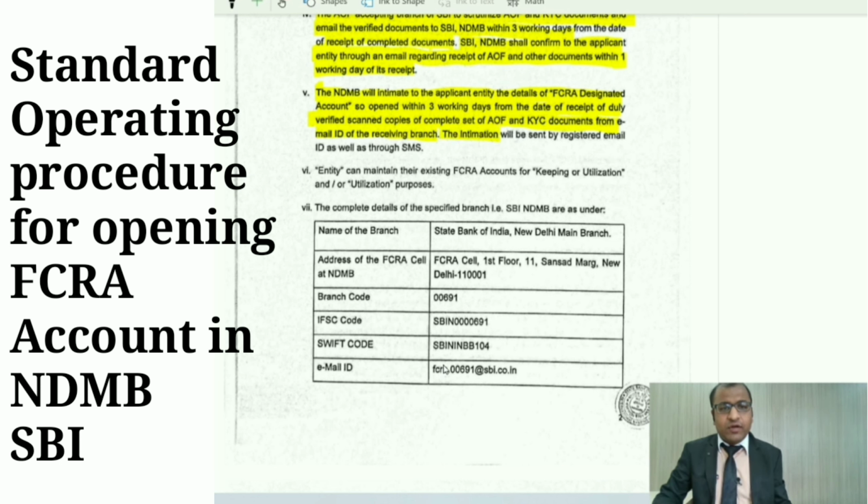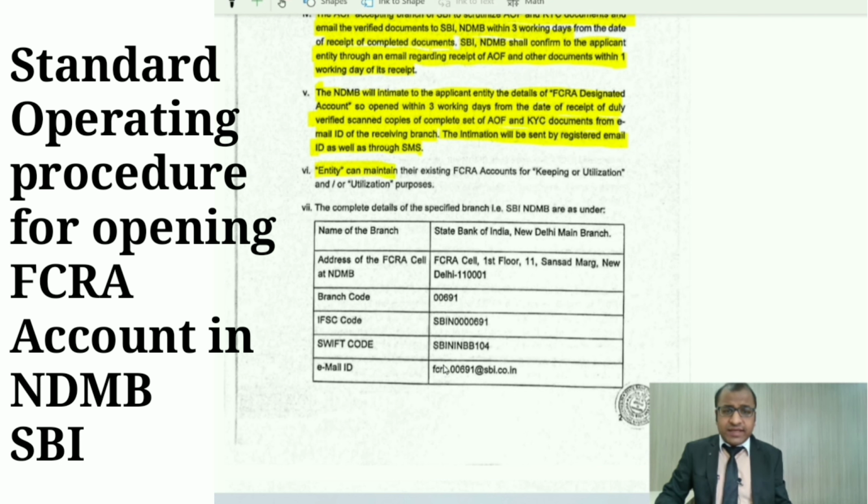The intimation will also be sent by the registered email ID as well as through SMS. So basically, once the documents are received by the NDMB, the account shall be opened within 3 working days from the date of the receipt of documents, and the same will be intimated to the organization via email as well as SMS.